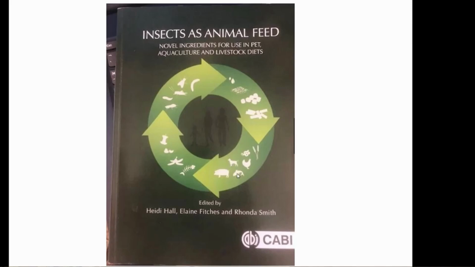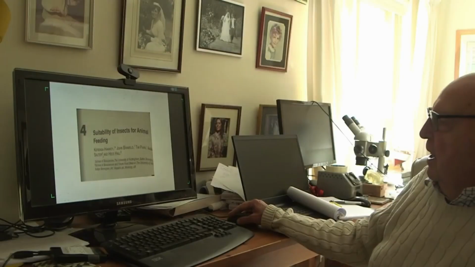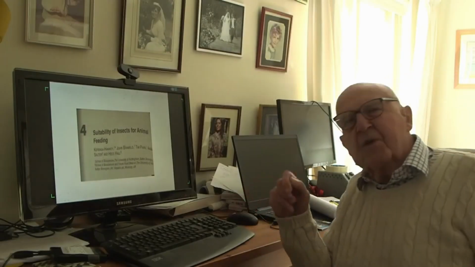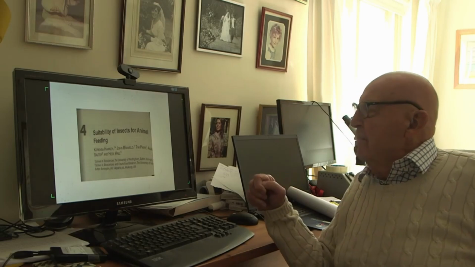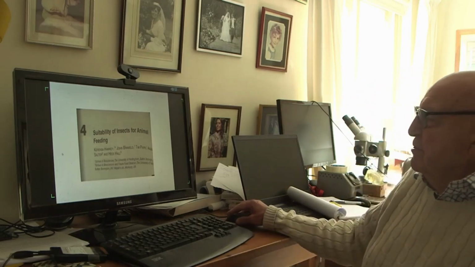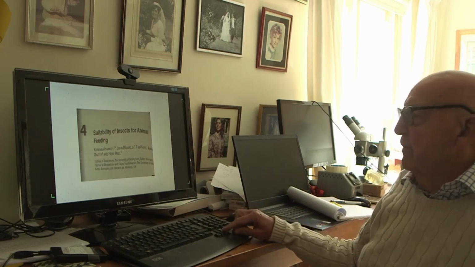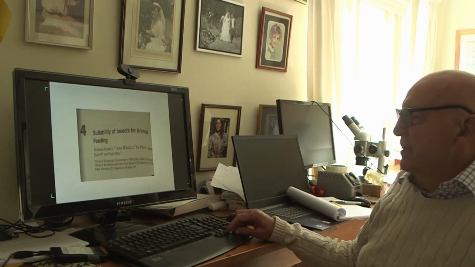We also read in this book an article written by the group from Nottingham with Professors Brameld, Parr and Salter. I was very impressed with this paper because it made measurements using biochemical methods, and I thought therefore I should visit this group.